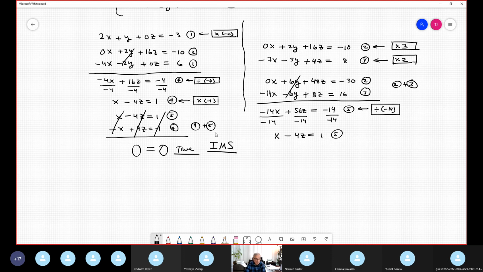So if you try to write the solution set, it is the ordered triple in 3-dimensional space, such that, and you write equation 4 or equation 5, either way, you write the equation x minus 4z equals 1, which is the mathematical relationship between x and z.